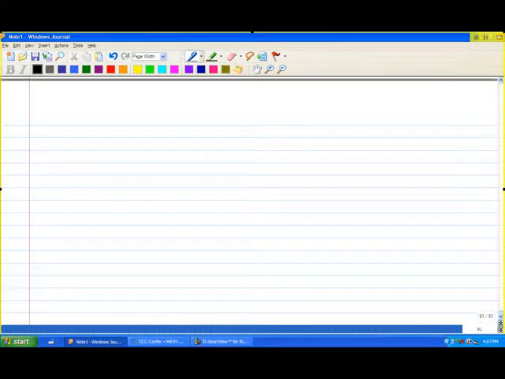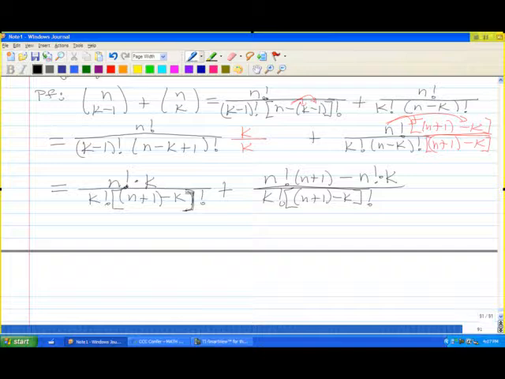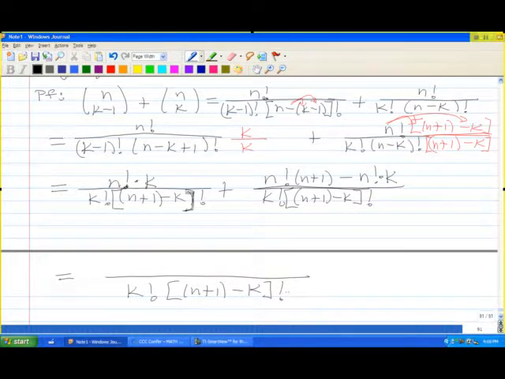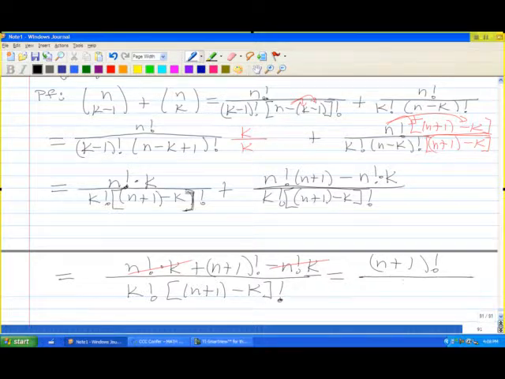So let's write this all over the common denominator, which is k factorial, n plus 1 minus k factorial. So I have n factorial times k plus n factorial times n plus 1, which is n plus 1 factorial. The n factorial k's cancel. So I just get n plus 1 factorial over k factorial, n plus 1 minus k factorial.